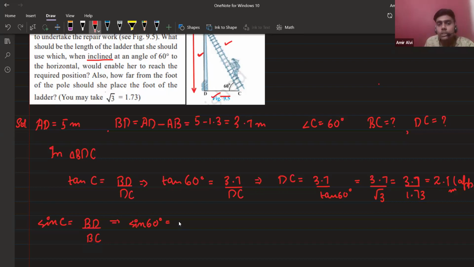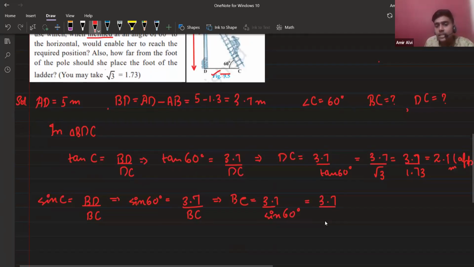What is the value of BD? 3.7. Very good. We need to find the value of BC. So BC will be equal to 3.7 divided by sine 60. What is the value of sine 60? Root 3 by 2.